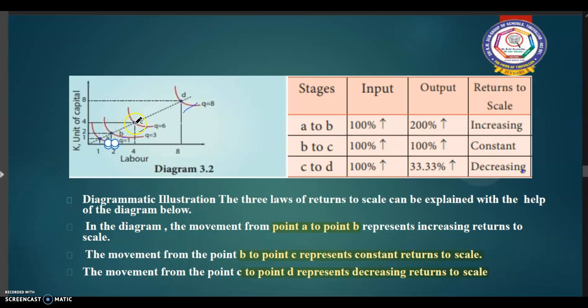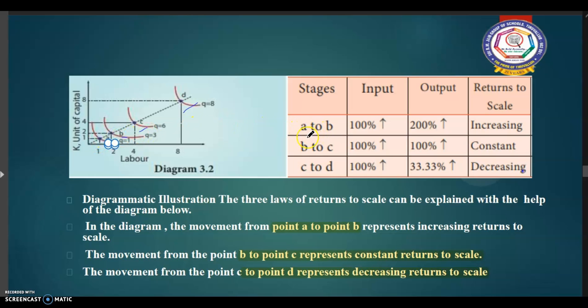B to C represents constant returns to scale, and C to D represents decreasing returns to scale. A to B represents increasing returns to scale because between these two points A and B, output has doubled, but it has tripled.